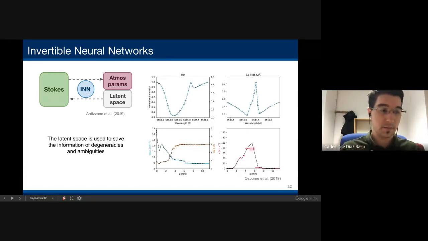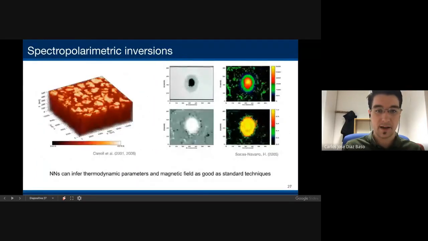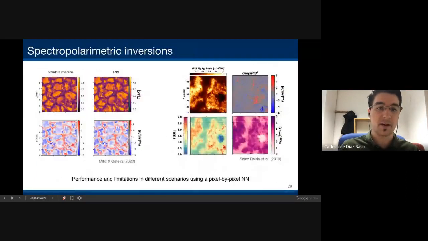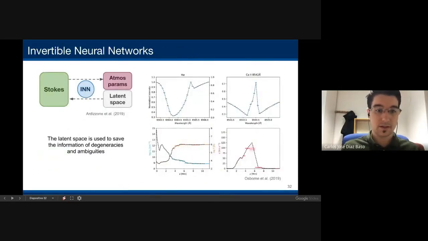This is something that we cannot do with all the neural networks that I have been showing here, because they are fully deterministic and you cannot solve this problem. So using this latent space, you are exactly saving this information.